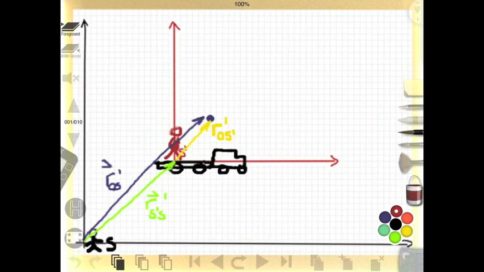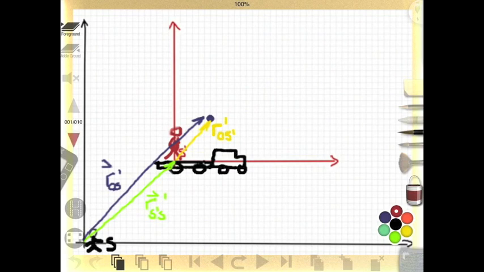The yellow vector that you can see there is the position vector for the ball as measured by observer S prime, that is vector ROS prime for time frame 1. Finally, the green vector is the vector that tells us the position of the system of reference S prime with respect to S.